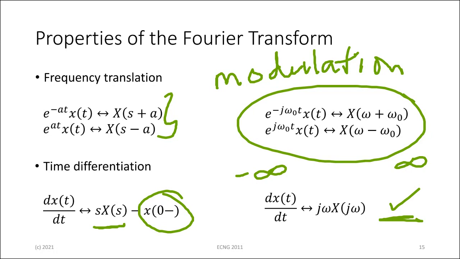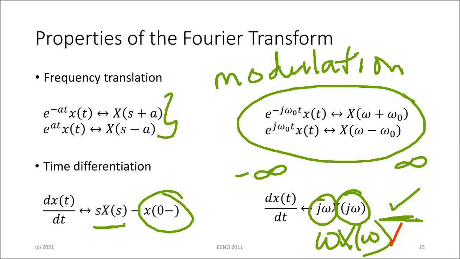Now, this again is a good reason why we write X of j omega, because there's a j omega in front. If you get into the habit of writing X of omega, as we do sometimes for shorthand, or you're typing it up and so on, there may be a tendency to put omega in front here, which is, of course, wrong. So just remember that.